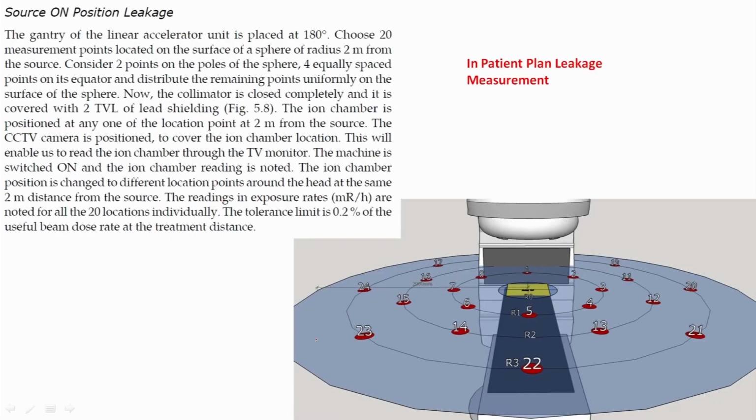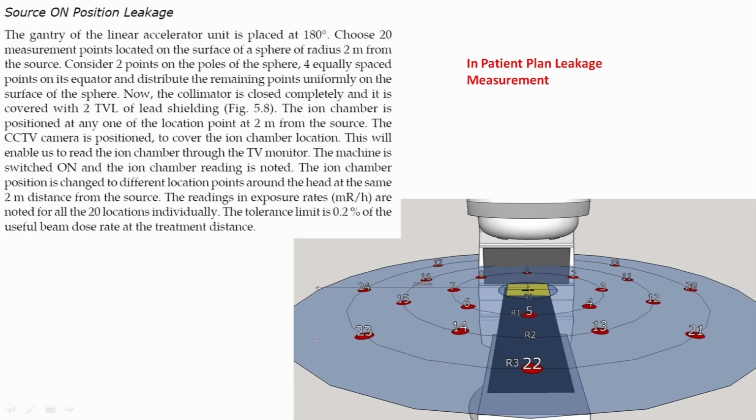Then source on position leakage. As I said, similar to what happens in the case of telecobalt, the source is in the shielding, but there is a possibility that there can be inherent leakage in the shielding, meaning there cannot be a perfect shielding of a source.